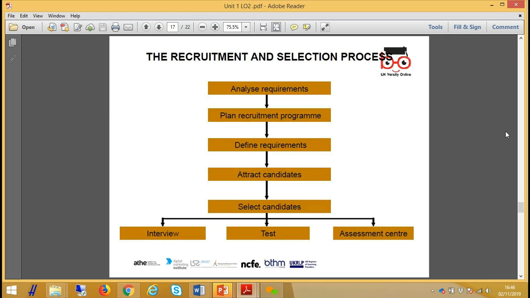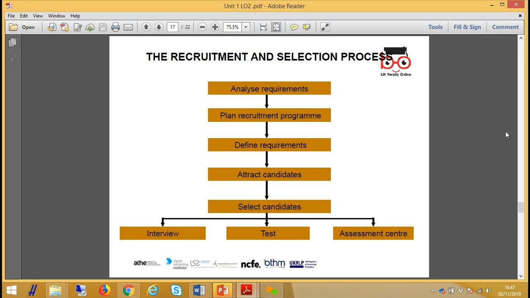I think we covered this in the last week, but this is a good recap for those of you who didn't attend. Just reminding you about the recruitment process. So when we keep using the word recruitment, remember that these are the key stages of recruitment. Analyze requirements. So how many people do I need? I need 10 people with XYZ qualifications or skills.